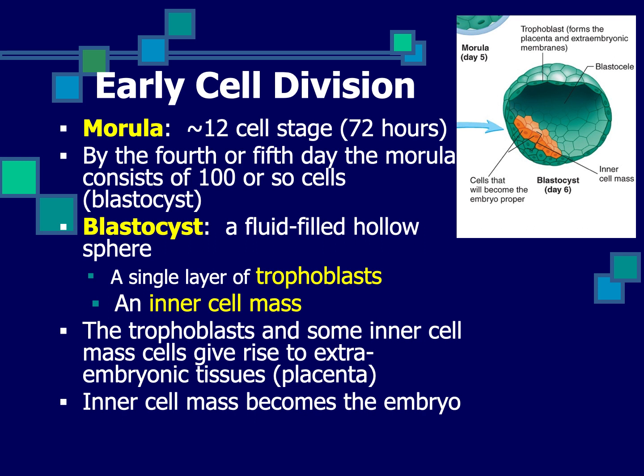And really, the only part of this that will give rise to the embryo is the inner cell mass. The rest of this is going to form the membranes that will support the embryo. The trophoblast is designed to be part of the membranes, the inner cell mass will become the embryonic tissue, and everything else is going to give rise to the placenta or some other structure.